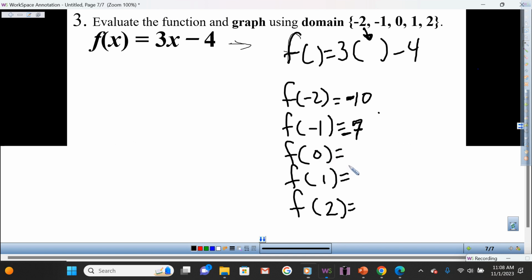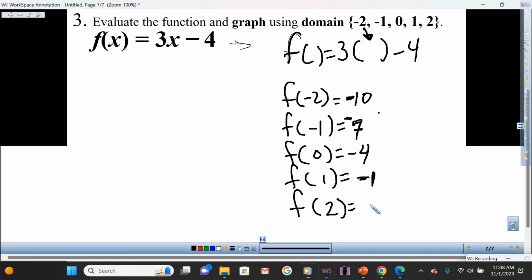Pass someone, Martin. Danny. Negative 4. Let me change this negative over here of the 7 right there. Okay. Negative 10, negative 7, negative 4. And f of 1. Pass someone. Danny. Who? Martin. Negative 1.